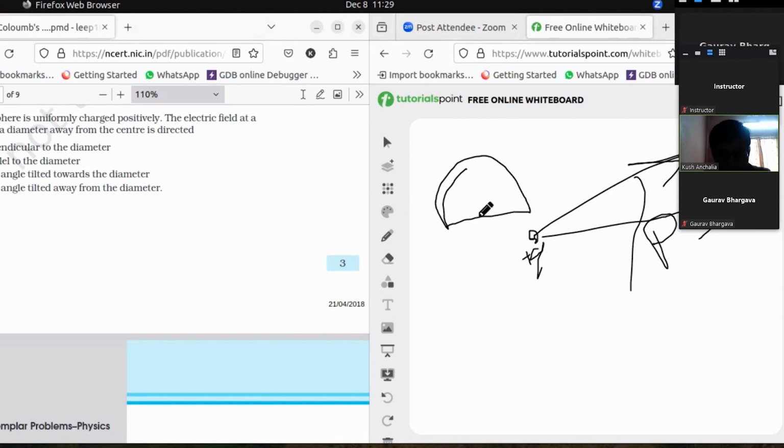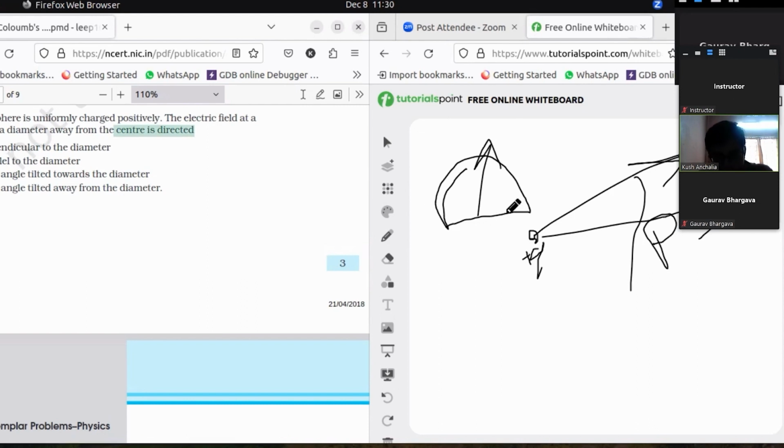Yeah, this can be replaced by this. So it will be perpendicular to the diameter. Yeah, it is perpendicular to the diameter. Okay, let us take any point on the diameter away from the center.